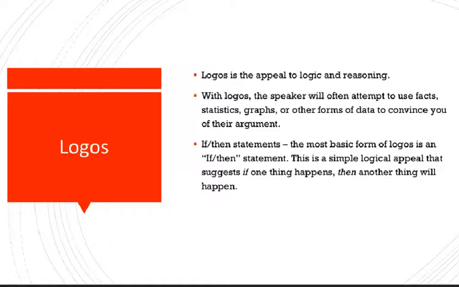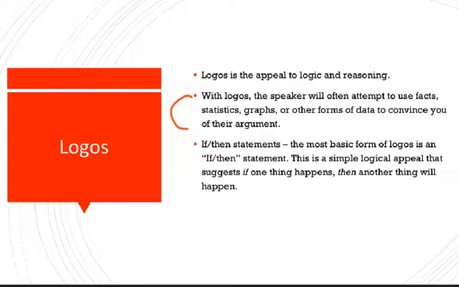All right, and the last of the three rhetorical appeals is logos. Logos is very simply the appeal to logic and reasoning, right? So this doesn't have to do with emotions like pathos does, but if you're trying to appeal to somebody's logical side, you're going to do things like use facts, statistics, graphs, data, things like that, right?